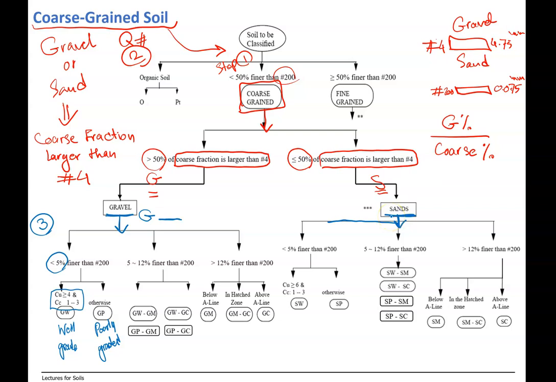If we have a sand sample and we look at the percentage of fines, and if it's less than 5%, then we can say again the amount of fine is very low. We can ignore that there is fine in our sand sample. So what is important for us is to know if our sand is well graded or if it's poorly graded.